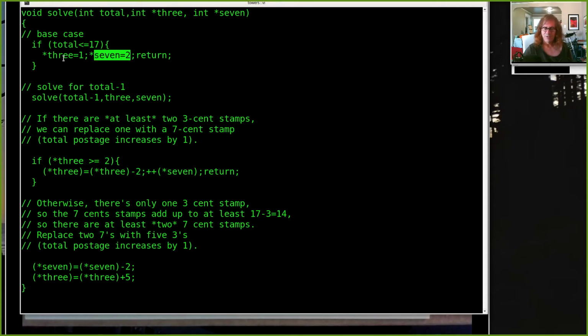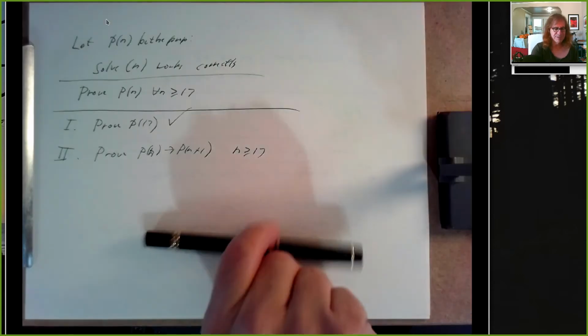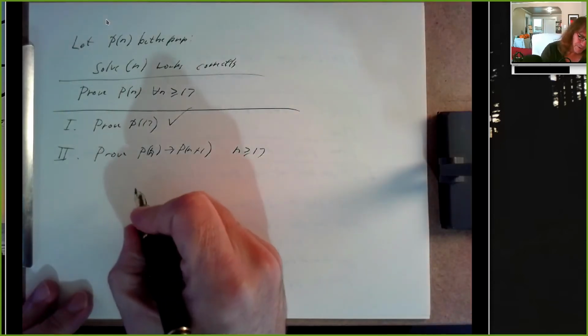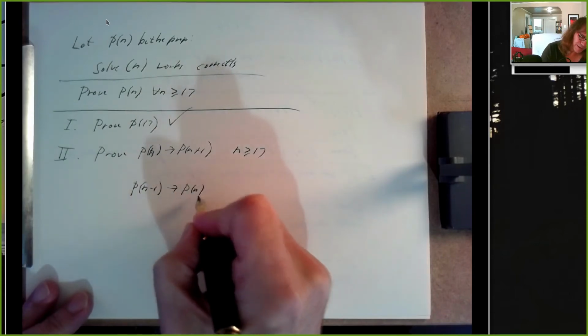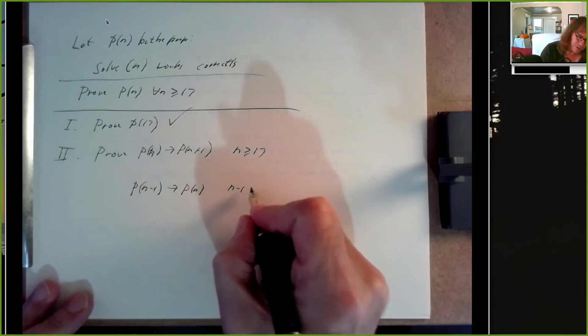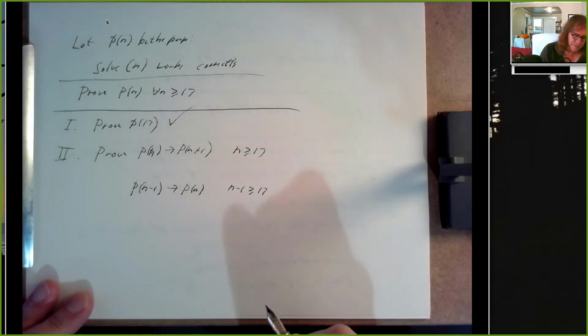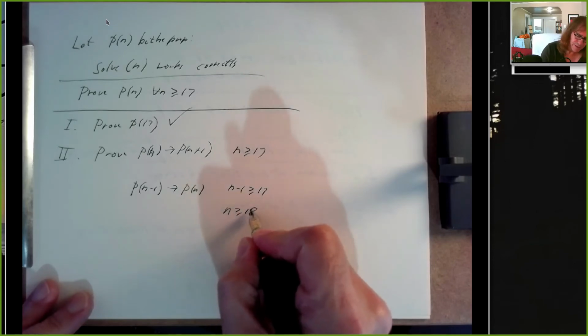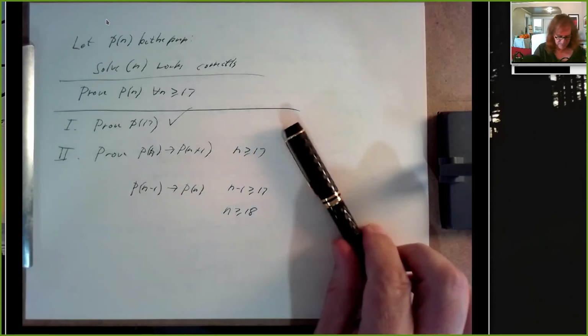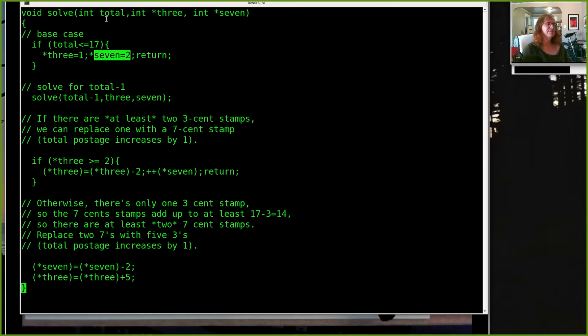And there's an equivalent form, which is prove P of n minus 1 implies P of n, where n minus 1 is bigger than or equal to 17. So n is bigger than or equal to 18. But don't worry about the edge case, right? So we have to prove that if my function works for n, it also works for n plus 1.